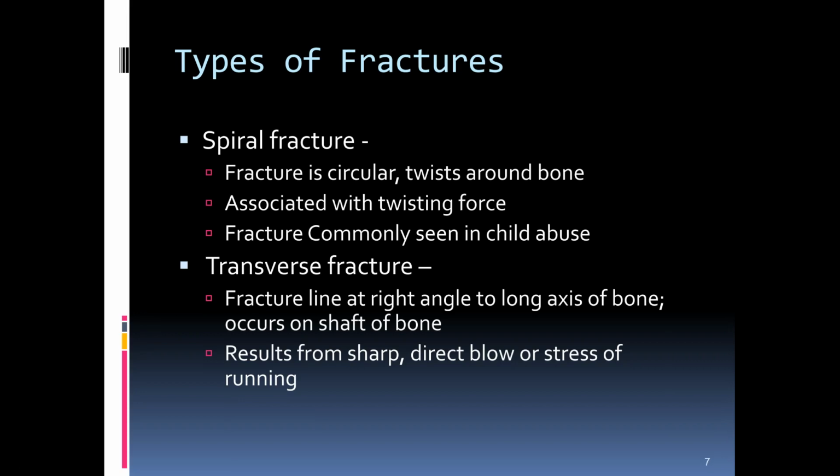If you're less than a year, a child is not going to twist that area. A lot of times when it happens, it's either a parent abusing them or a parent grabbing the child and swinging them or hitting them or something like that. So you should know that a spiral fracture is not common in infants, and it's usually a sign of child abuse.